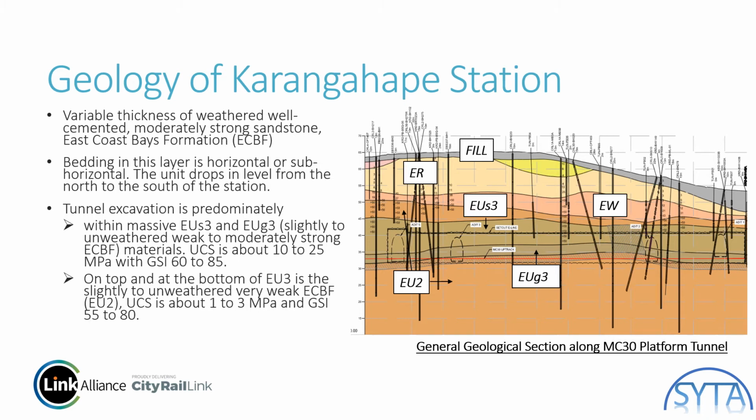At the bottom and on the top of EU3 is the slightly to unweathered very weak ECBF called EU2. The UCS is about 1 to 3 MPa and GSI is 55 to 80.